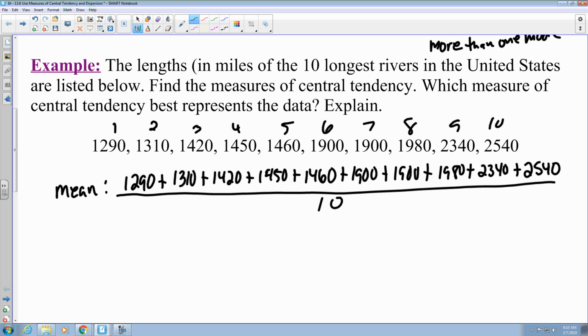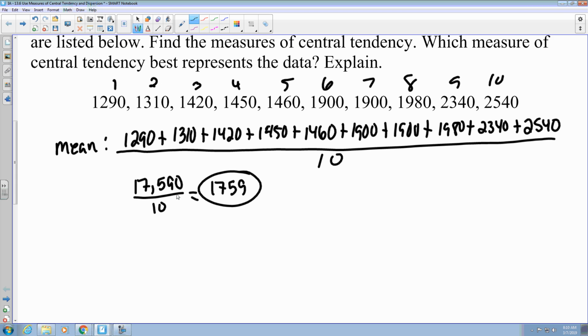If you add up all 10 values in the numerator, you get 17,590. That gets divided by 10, which means our mean in this scenario is 1,759.